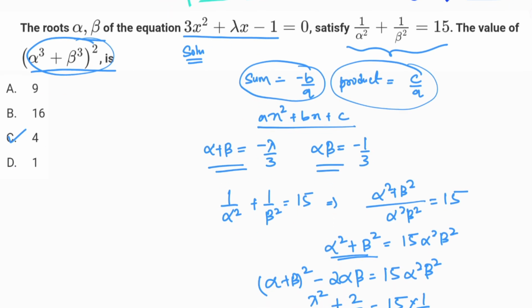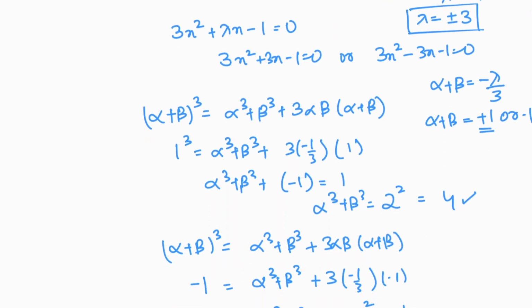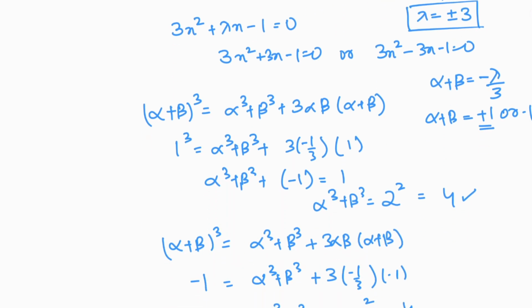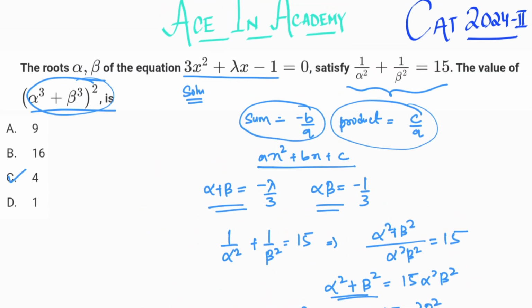Now from this we got the value of alpha plus beta and alpha into beta, and then we used the given condition 1 by alpha square plus 1 by beta square equal to 15. From that we got the values of lambda, that is plus and minus 3, and then we took both the cases when alpha plus beta is equal to plus 1 or minus 1, and we solved, and we got the value of (alpha cube plus beta cube) whole square as 4 in both the cases. So we can simply say that our answer is option number C, 4.